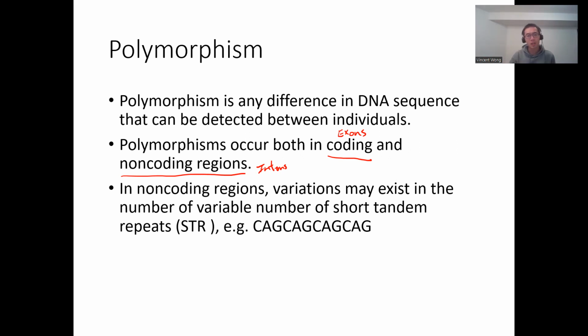Now, within the non-coding regions, one type of polymorphism occurs in what's called short tandem repeats, or STR for short. So what is an STR? An STR is a bunch of repeats of the same nucleotides over and over again.